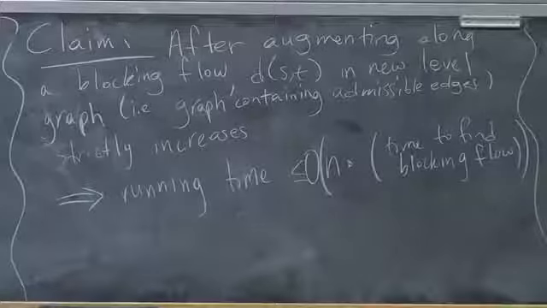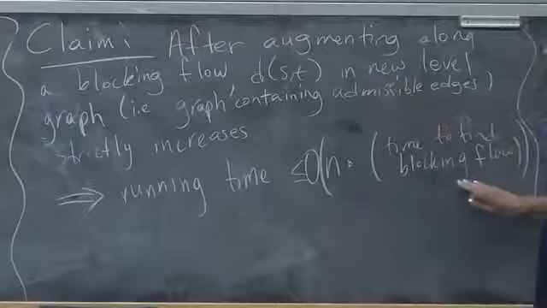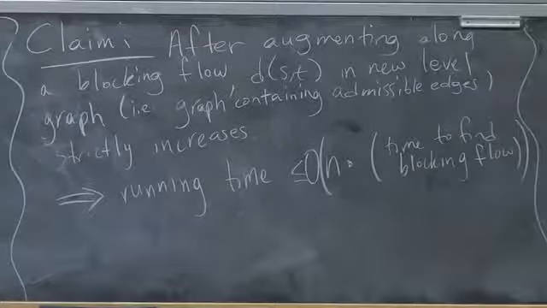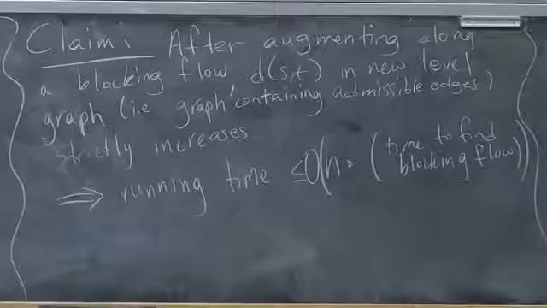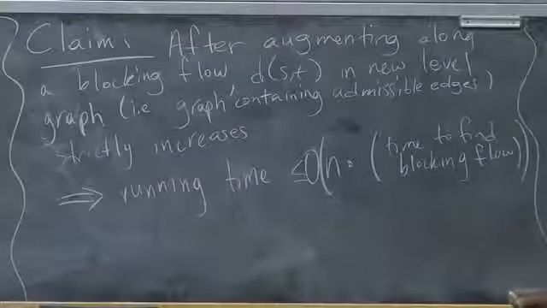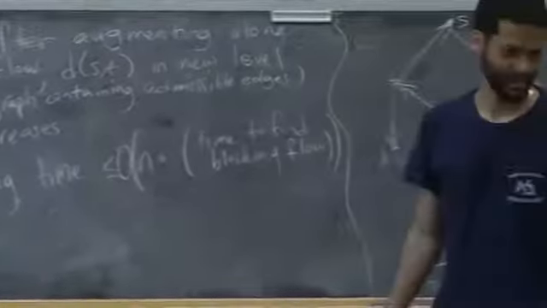So really, we just need to prove this claim, and then we need to understand the time to find a blocking flow. What did the Orlin paper use to do something similar to this? I think that paper is pretty complicated. Actually, I haven't read it, so I'm not sure.